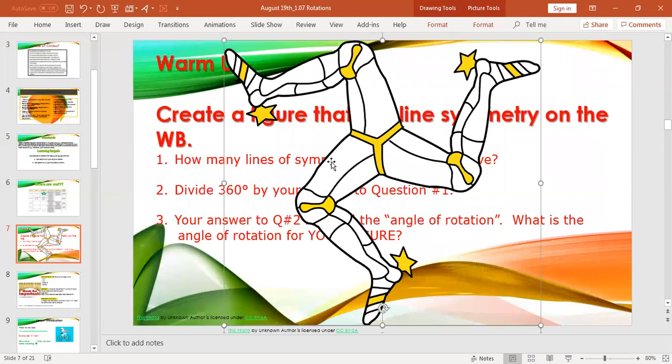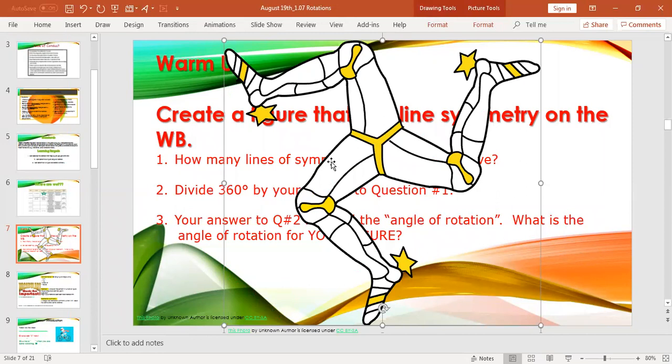Well, it has 3 congruent parts, and as long as they're congruent, you can divide by 3. A line of symmetry is a line that divides a figure. So we have 360 divided by 3, which is 120 degrees.